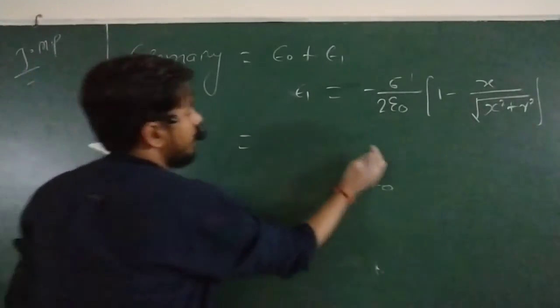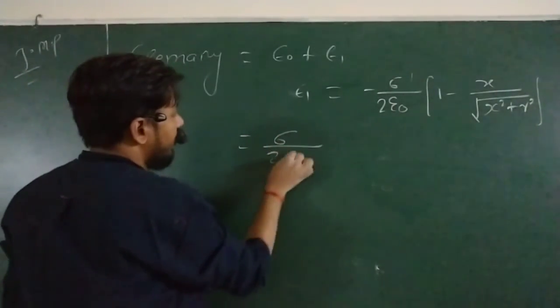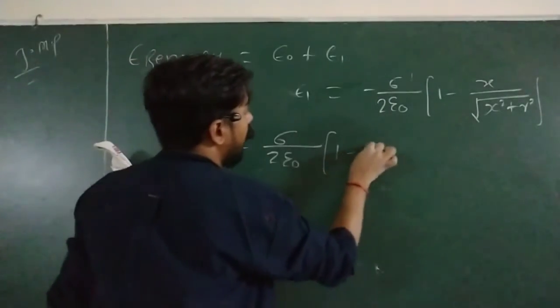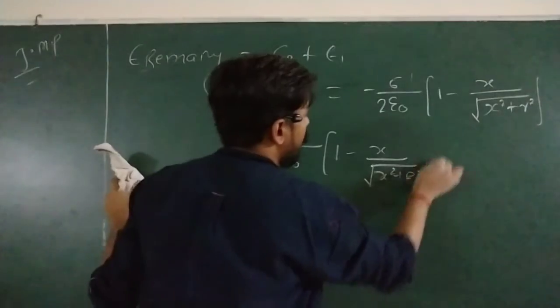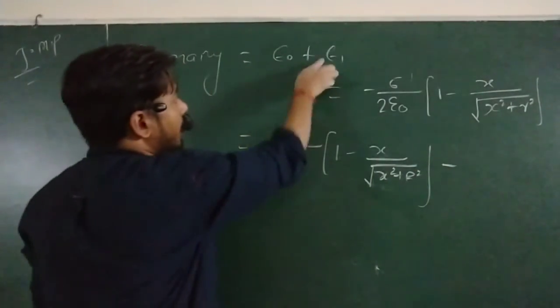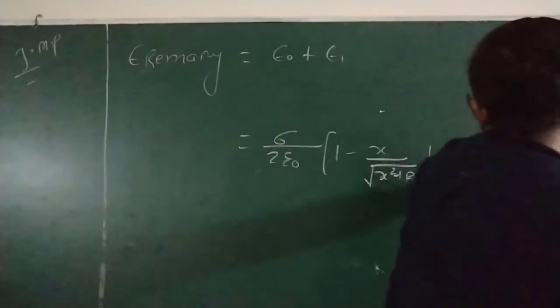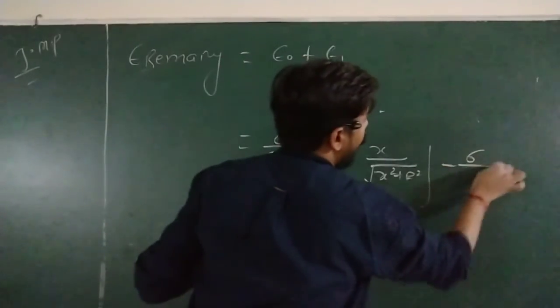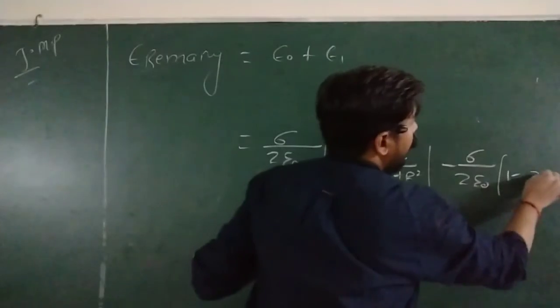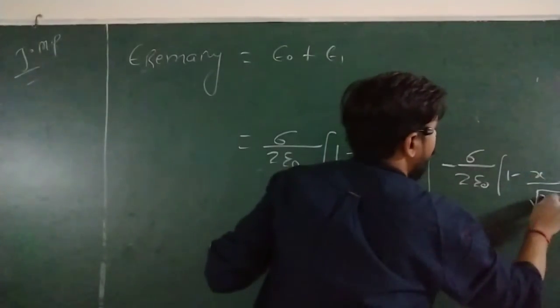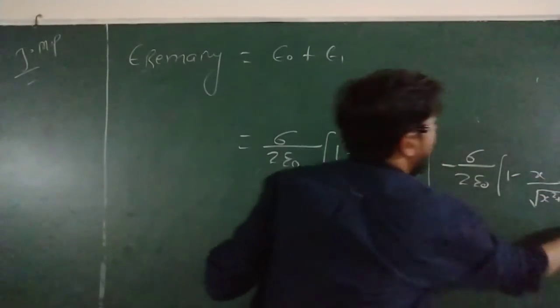So see what will be the result here. The first result is sigma by 2 epsilon 0 times 1 minus x by under root x square plus capital R square, minus the first part, which is sigma by 2 epsilon 0 times 1 minus x by under root x square plus small r square.